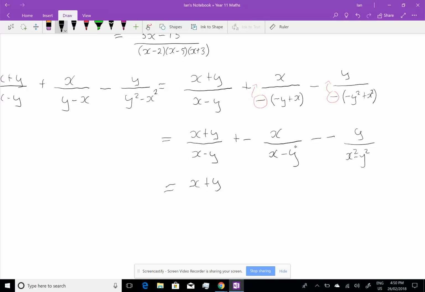X plus y on x minus y. Well, these two signs together make it a negative. X minus, sorry, that's x minus y. And these two signs together make it a plus.